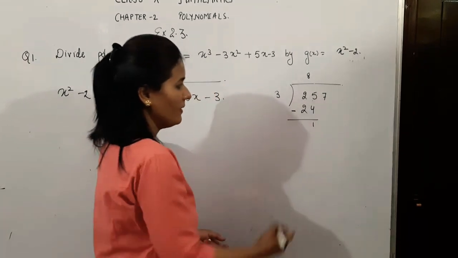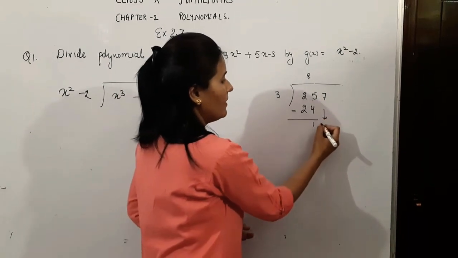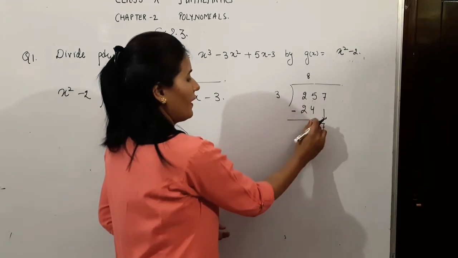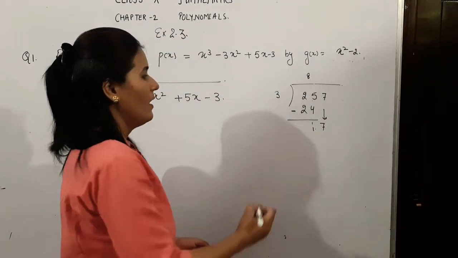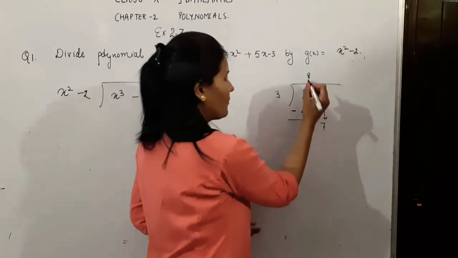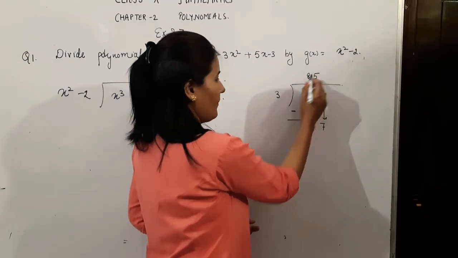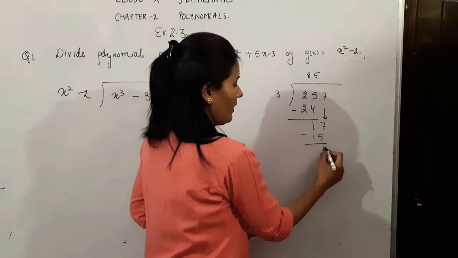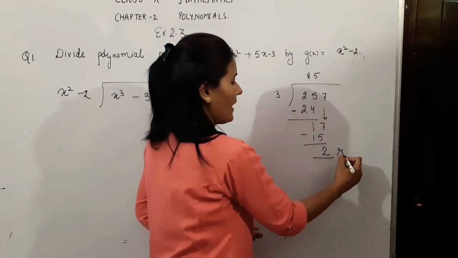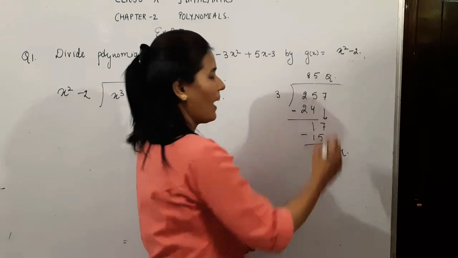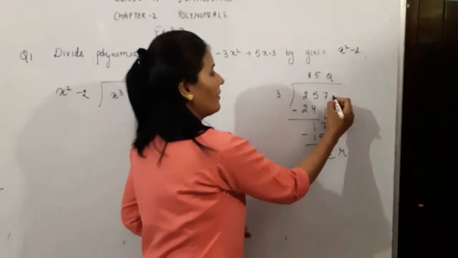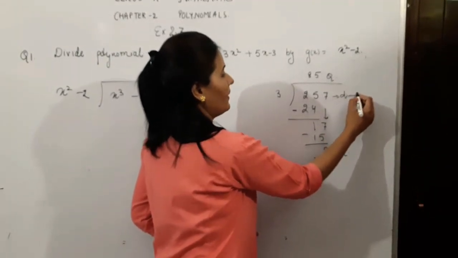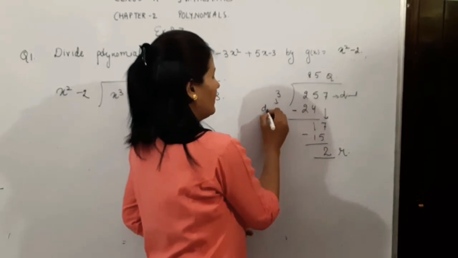Here comes 1 and then carry down this 7. It becomes 17, right? Now which table will it go to? Yes, 3 fives are 15, plus 2. This is known as the remainder. This is known as the quotient. This was our dividend and this is the divisor.